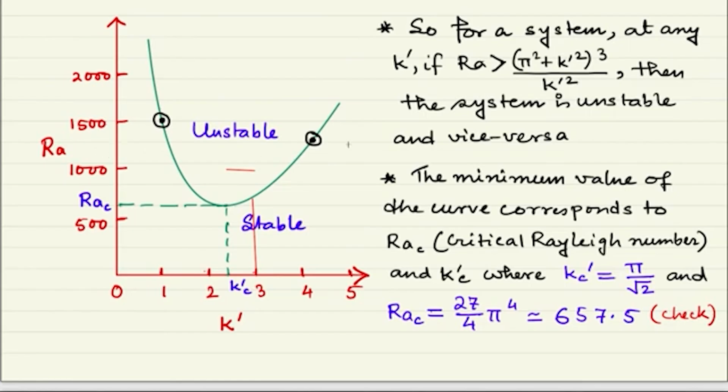You want to check whether your system will be stable against RBC, or Rayleigh Benard convection, or not. Then, if you start from a higher length scale, that means a lower k value, and start decreasing the length scale, that means increasing the horizontal k prime value.